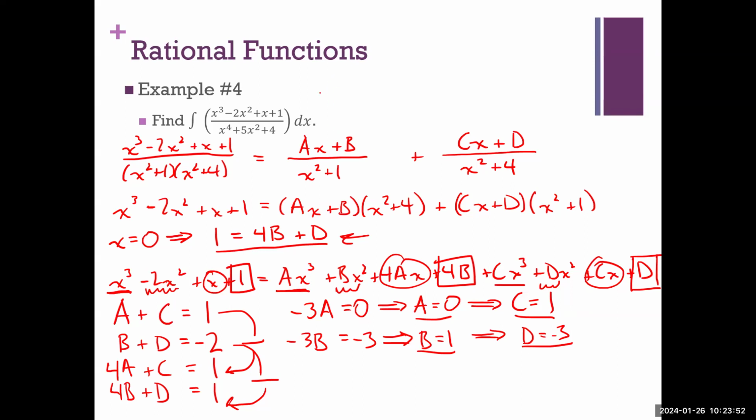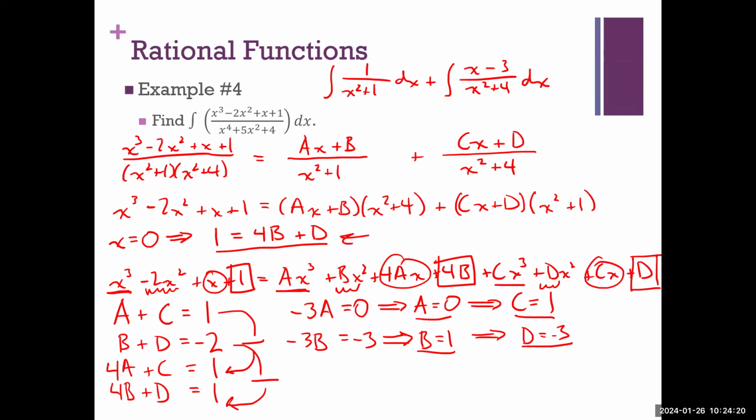So what are we integrating? The integral of 1 over x squared plus 1 dx plus the integral of x minus 3 over x squared plus 4 dx. All right.